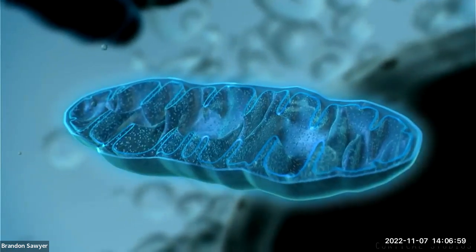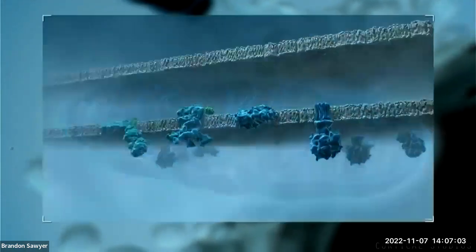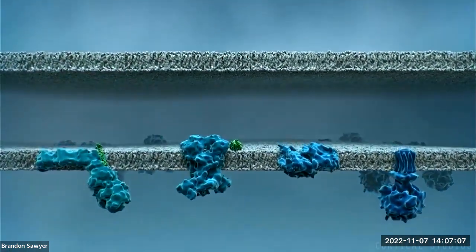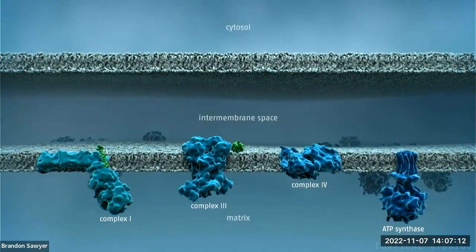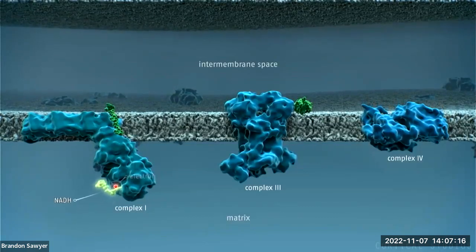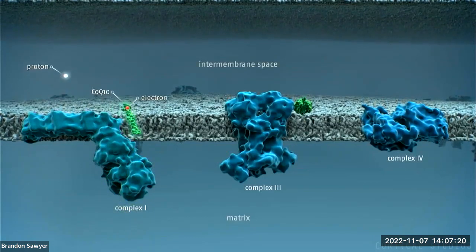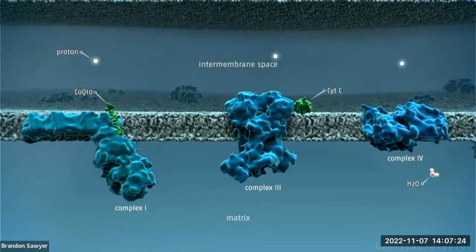ATP is generated at the inner membrane of mitochondria by an efficient mechanism called oxidative phosphorylation, involving several membrane protein complexes. Nutrients provide high-energy electrons in the form of NADH, which are used by the protein complexes to pump protons from the matrix to the intermembrane space.